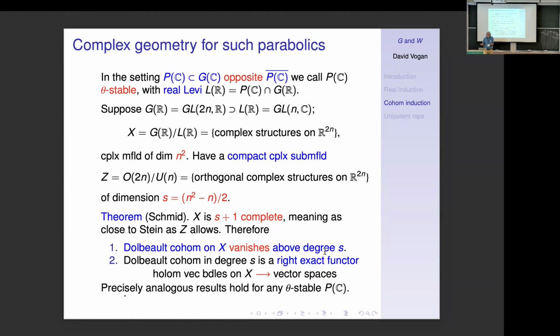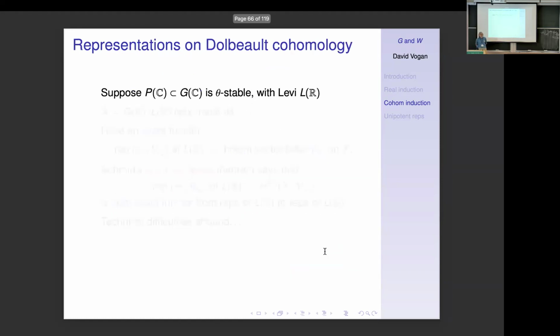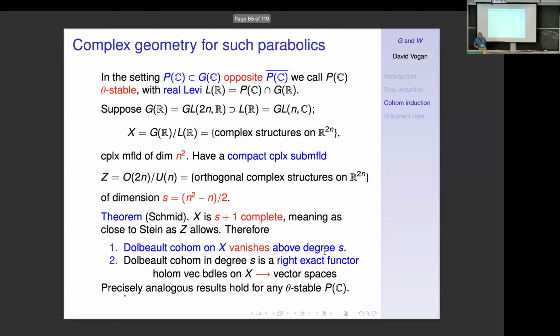And the forms on those spaces are not definite. So it doesn't make sense to talk about L2 forms on these spaces. On the other hand, you may add coefficients there, right? Yeah, the S plus 1 completeness allows coefficients. I mean, the statements about vanishing allow coefficients.